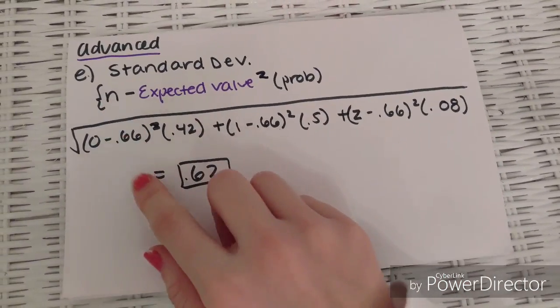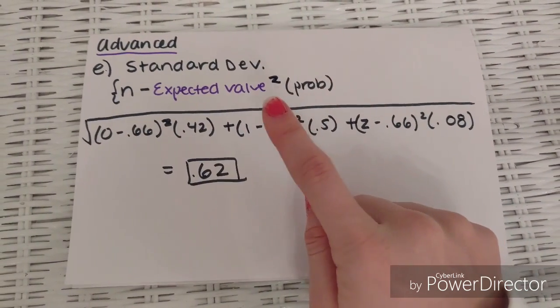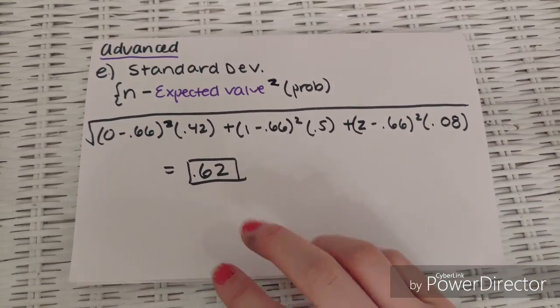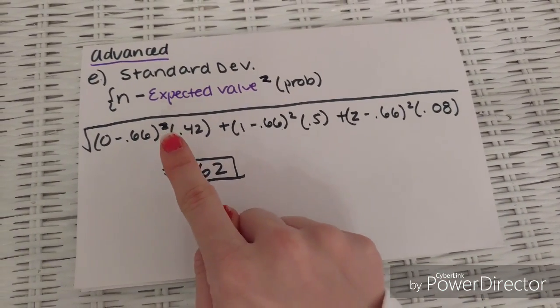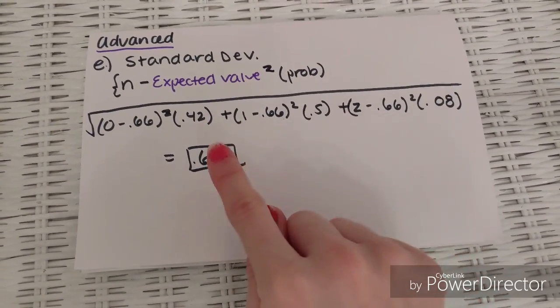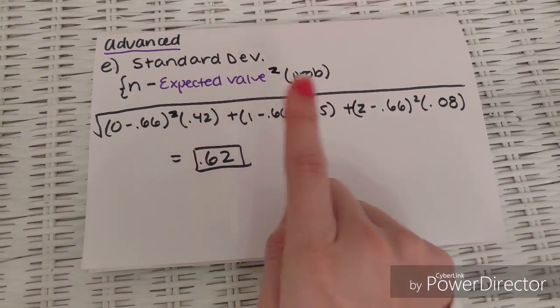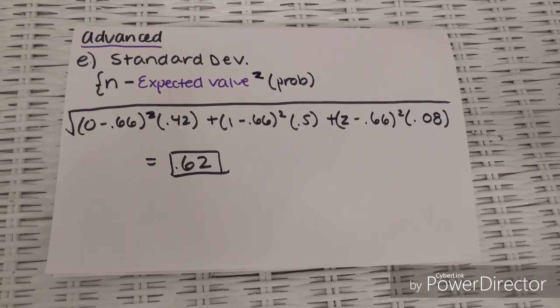We have our n, how many times we've won, minus our expected value, squared, times the probability of winning that many times. So 0 minus 0.66 squared times the probability of 42%, plus, and so on. And then we take the square root of that to get a standard deviation of 0.62.